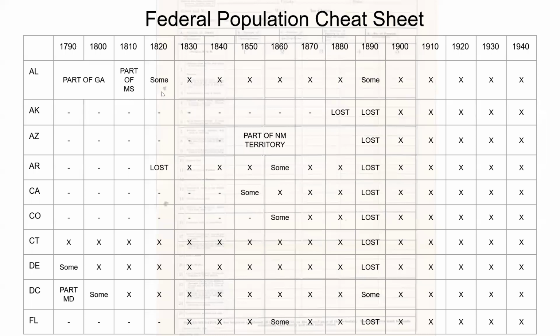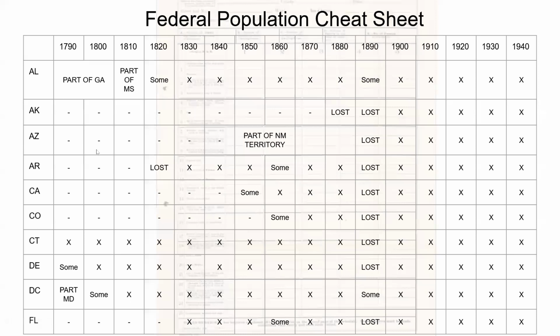Some of the records are available for 1820, but not all. If it has an X, they should be complete. Some of the records are there, some of them are not. If they are lost, that usually means a fire or some horrible thing took them out. And if they have dashes, that means that they were not known to exist.